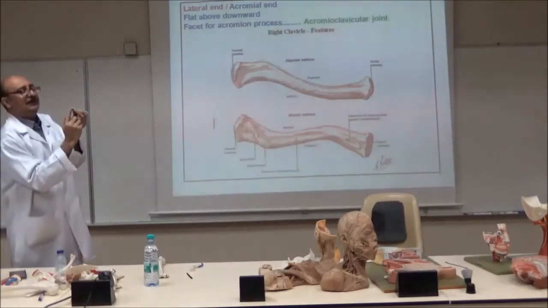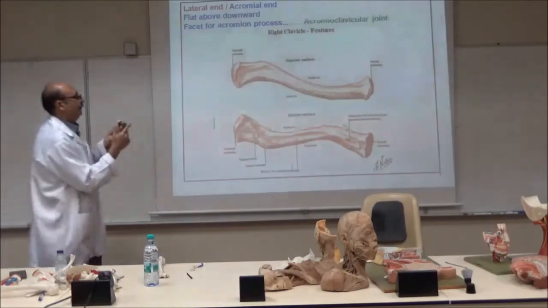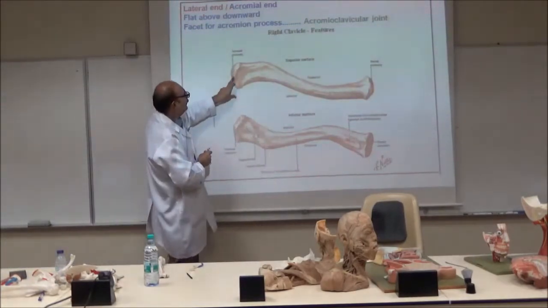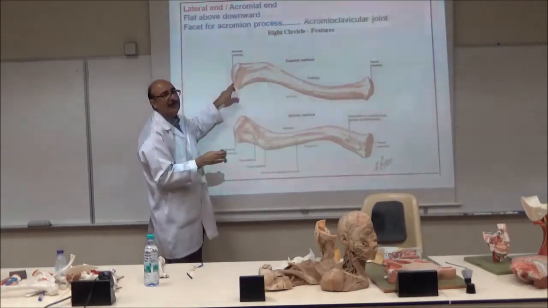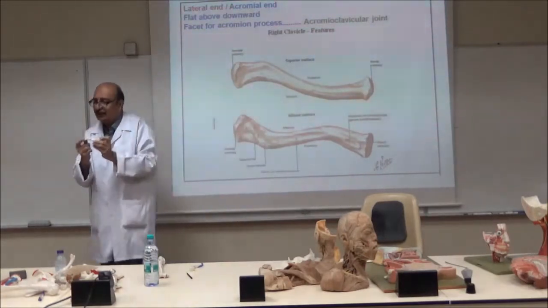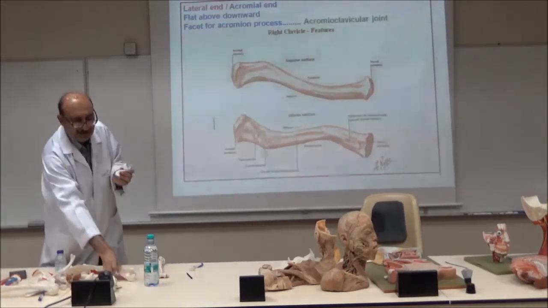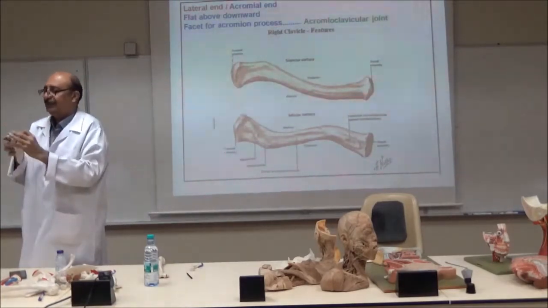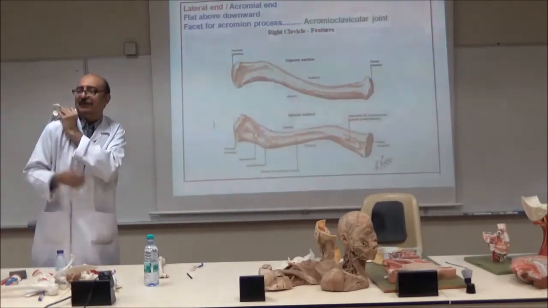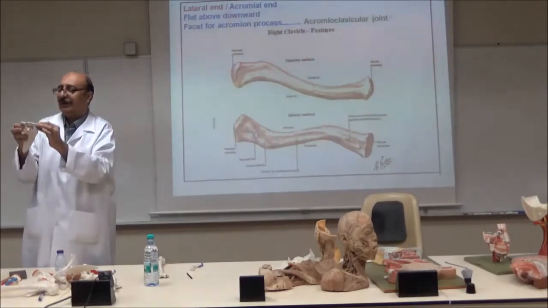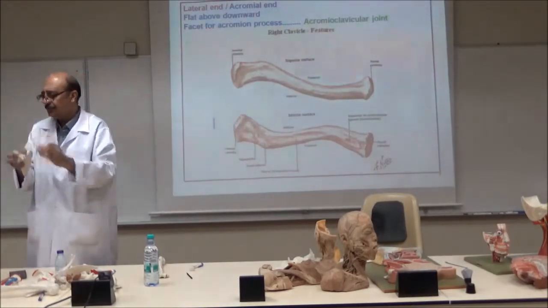If you feel, there is a flat surface here for acromion. This is the acromial process, and the acromioclavicular joint will be made like this here. This is scapula, this is clavicle. Bring them together. Okay?